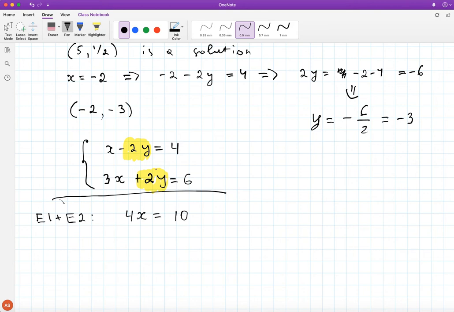Observe that we have eliminated the y variable from the second equation, and we now obtain an equation that contains only the x variable. This allows us to solve for x. We get x equals 10 divided by 4, which in fact is 2.5. We could also write 5 halves.